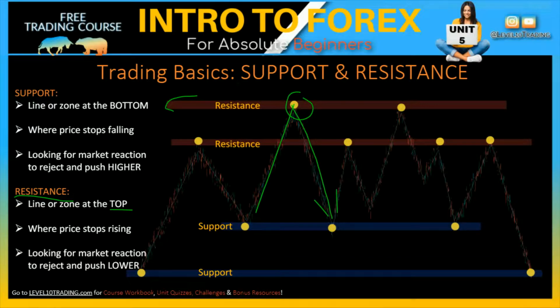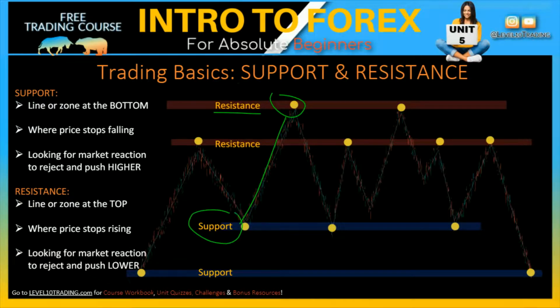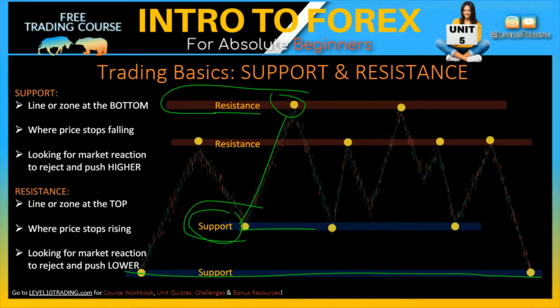Or to simply put, an area where price tends to stop rising based on previous market behavior. So if you just think of it like resistance being your ceiling, like you can't go any higher, and support being your floor, which gives you the support, like you can't go any lower. But resistance again at the top, support being again at the bottom.